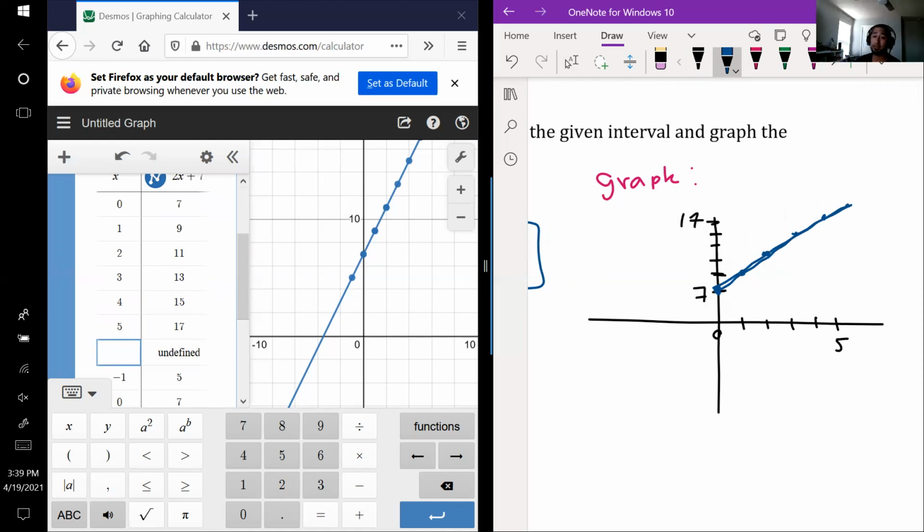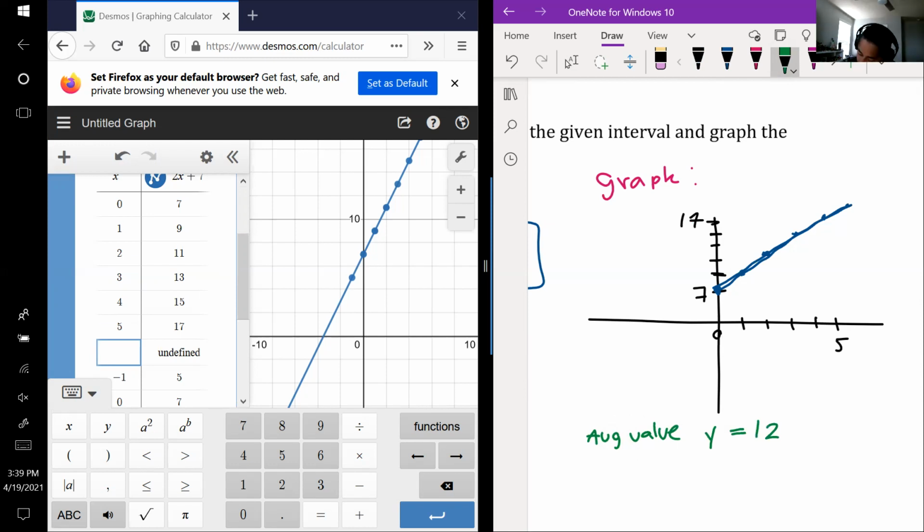And then all we have left to do is graph the average value. So the average value was 12, but we're going to write it as an actual equation. So we're going to say average value, y equals 12.